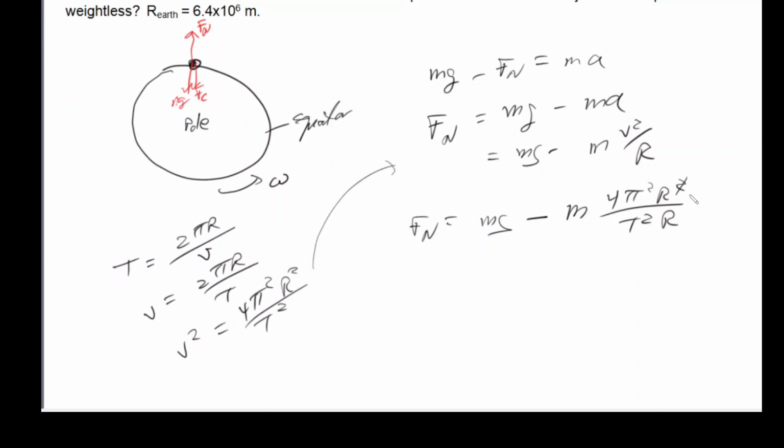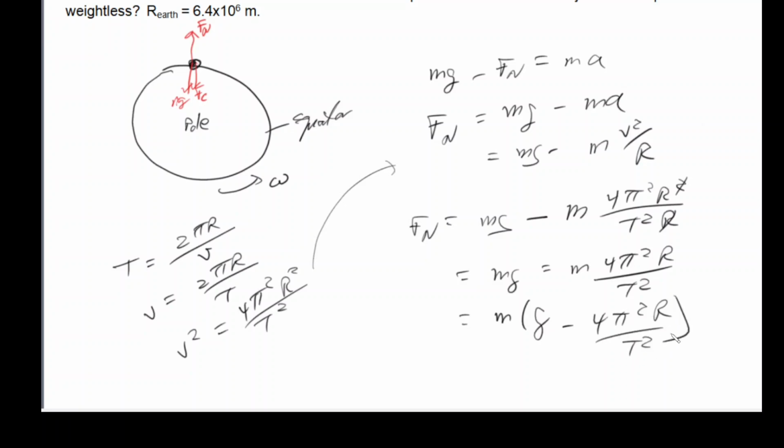So one of those r's cancels out, and we get normal force is equal to m times g minus 4 pi squared r over t squared.